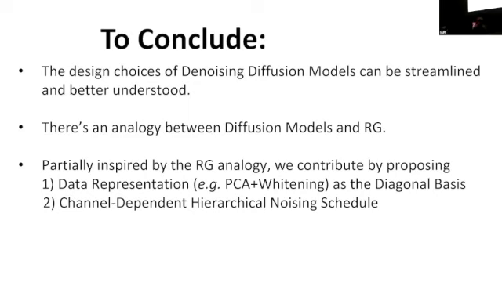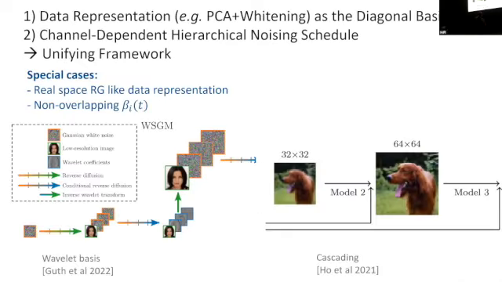And the second is a channel-dependent hierarchical noising schedule. Combining this, you actually get a unifying framework to describe some of these very nice diffusion methods, trying to make diffusion models faster and cheaper. For instance, in this paper they use the wavelet basis, and here's the famous cascading.